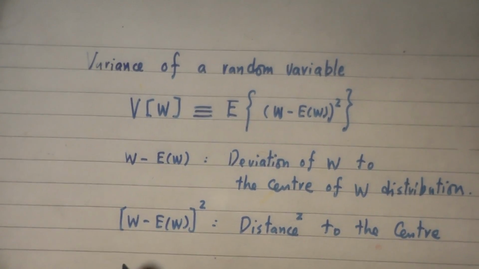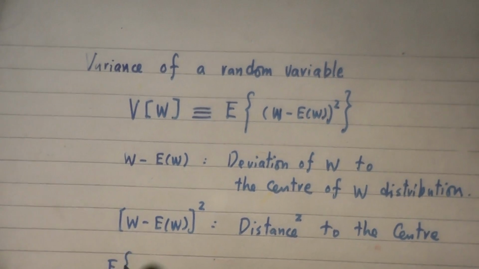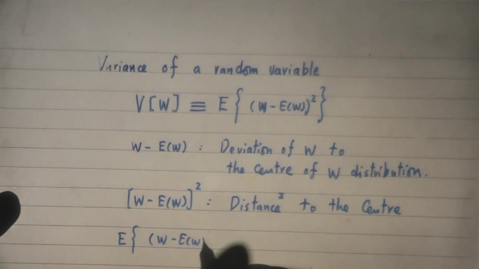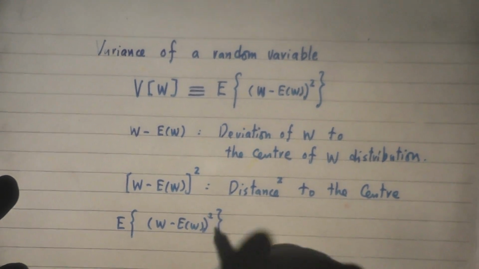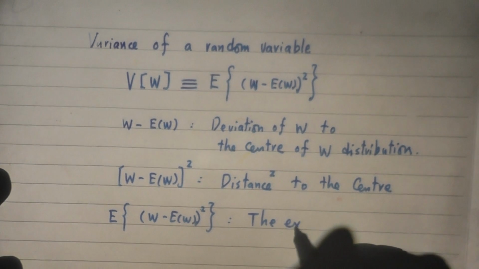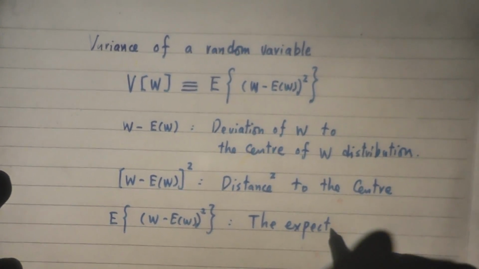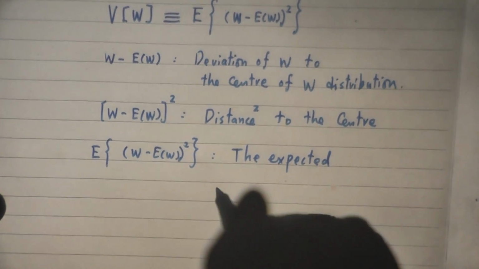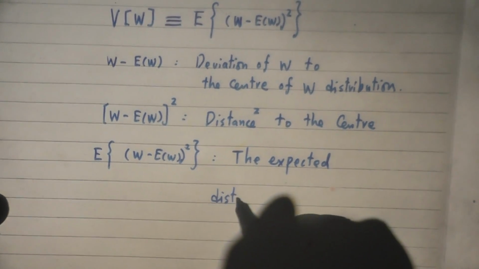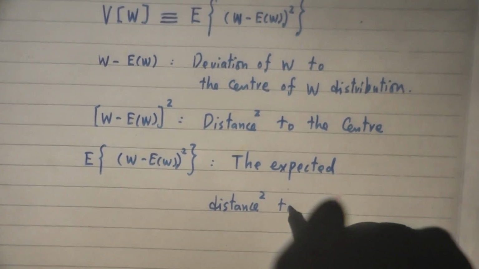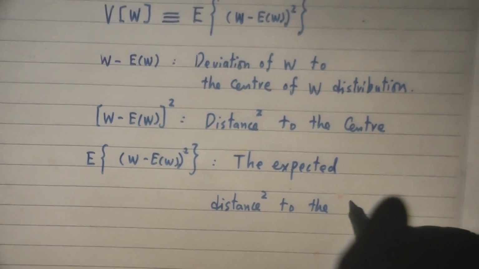Okay? Now, so the expected value of W minus EW squared is the expected distance squared to the center of the distribution.